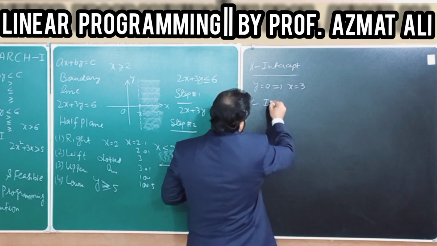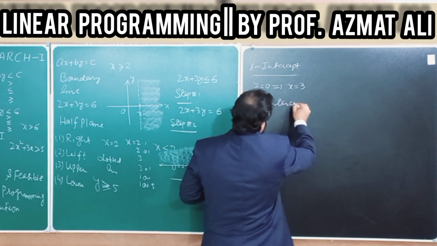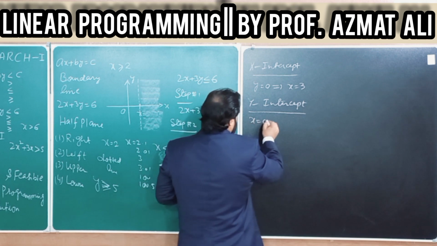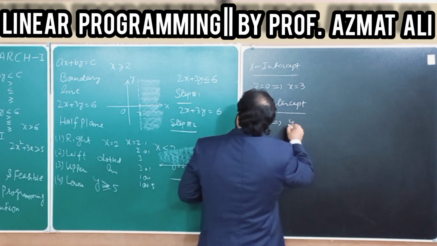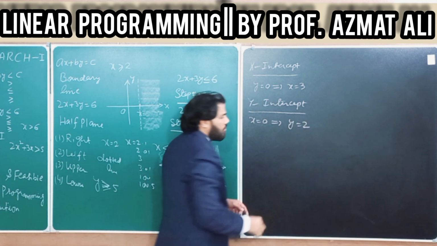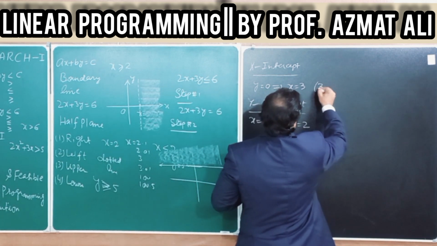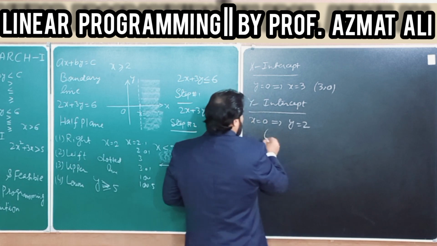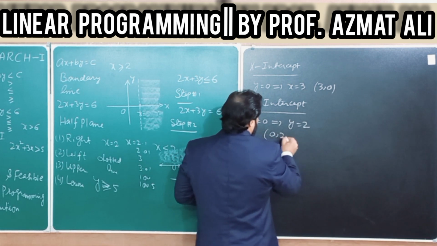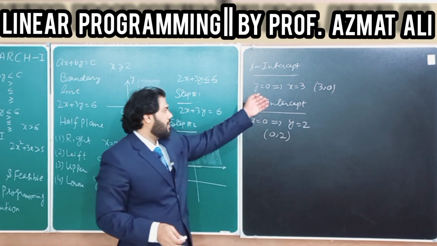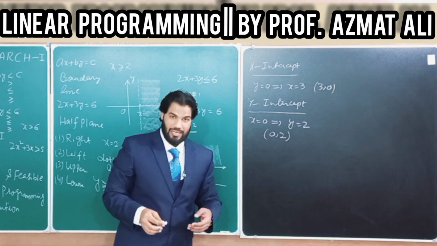Similarly, for the y-intercept, when x is equal to 0, this implies your y is equal to 2. So the x-intercept is the point (3, 0) and the y-intercept is the point (0, 2). Next we make the x-axis and y-axis and draw the x-intercept and y-intercept.